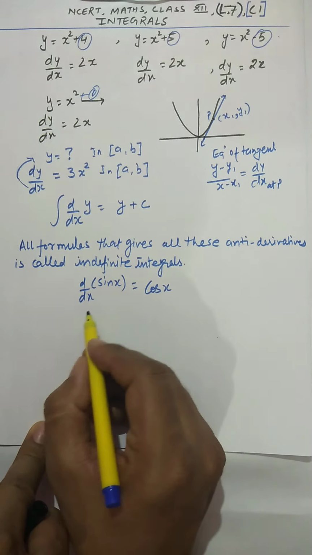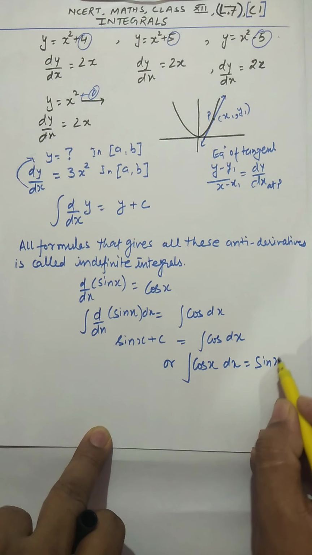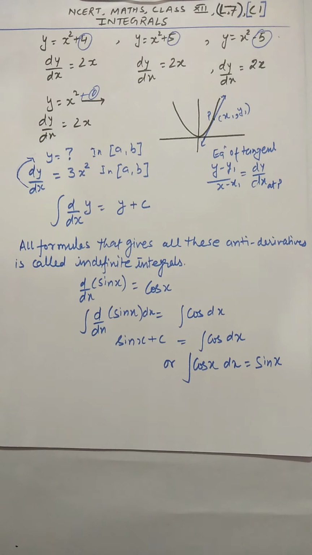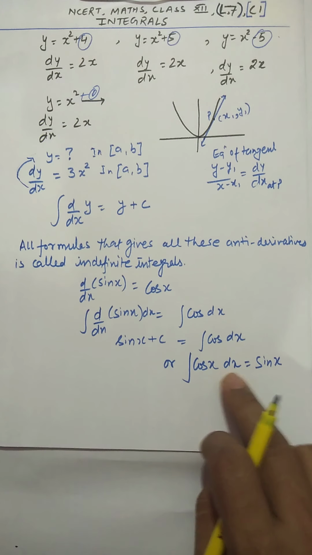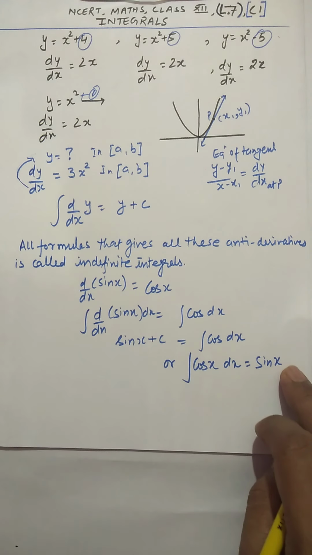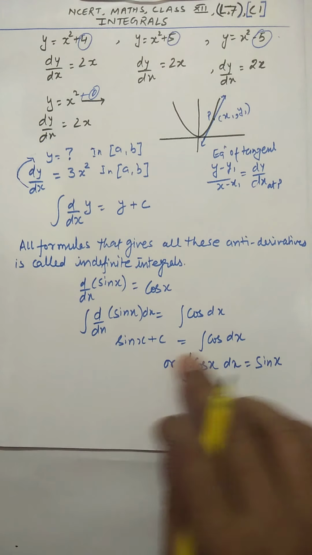The formula you are going to get is that the integration of cos x is sin x plus c. More generally, we can say that the antiderivative of cos x dx is sin x, or we can also read it as the integration of cos x dx is sin x. If c is alone we write c, otherwise this c can also be obtained uniquely when some more information is given.